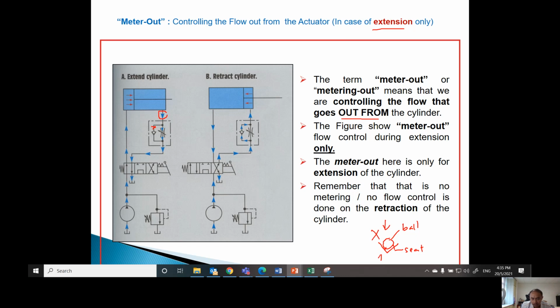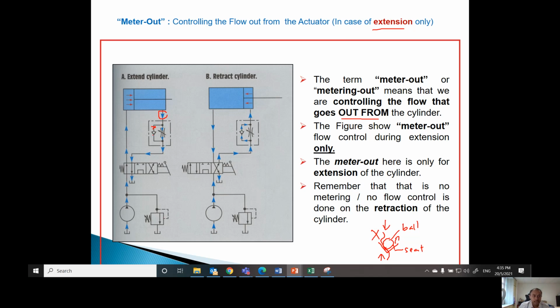But when there is a flow from downward, the ball will be pushed by the pressure a bit upward, and then the flow can move. So that's the basic. I hope it's already clear to all of you how a check valve operates, because if not, you cannot really understand how this one-way flow control valve works.